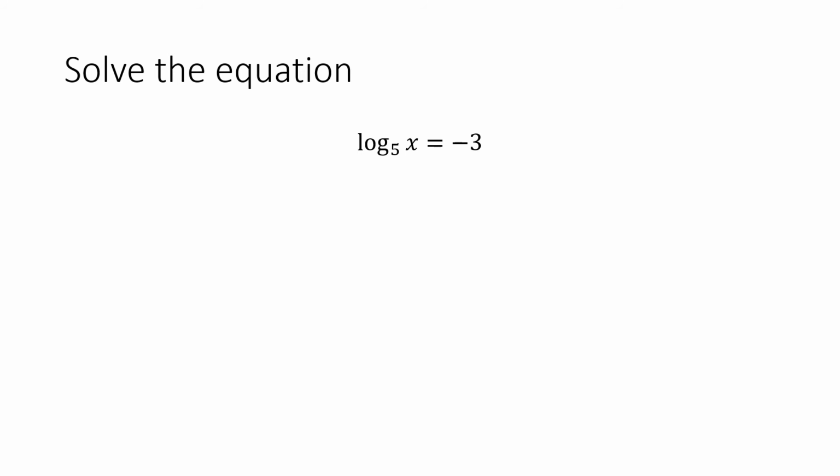What we're going to do is use a process called exponentiation. Basically, all it means is take the base that we have here and write it on both sides. So we're going to use a base of 5 on both sides. Remember, base 5 and log base 5 cancel each other out.